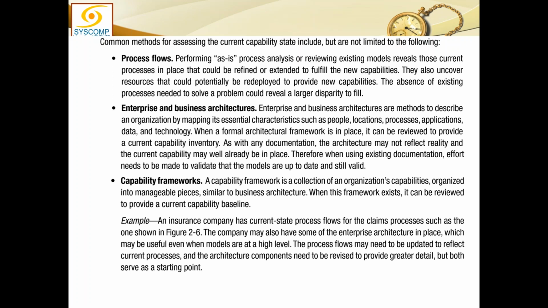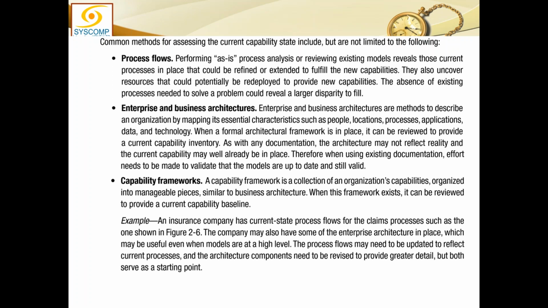Next is enterprise and business architecture. These are the methods to describe an organization by mapping its essential characteristics such as people, location, processes, applications, data, technology. When a formal architectural framework is in place, it can be reviewed to provide a current capability inventory. So, how your organization is deployed, what are the various capabilities in your organization and what are they doing?